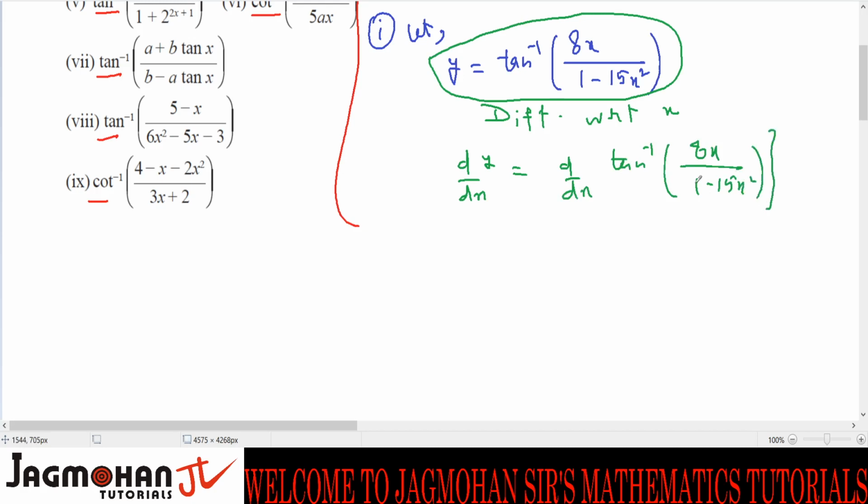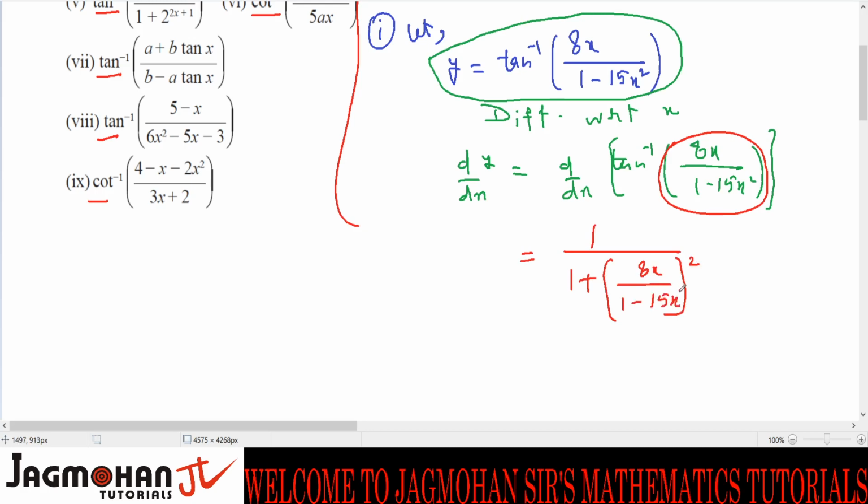square. Let's do it. Students, if I start differentiating at the very first step, this is tan inverse of f of x. And what is d by dx of tan inverse f of x? It will be 1 upon 1 plus f of x square, into d by dx of f of x.